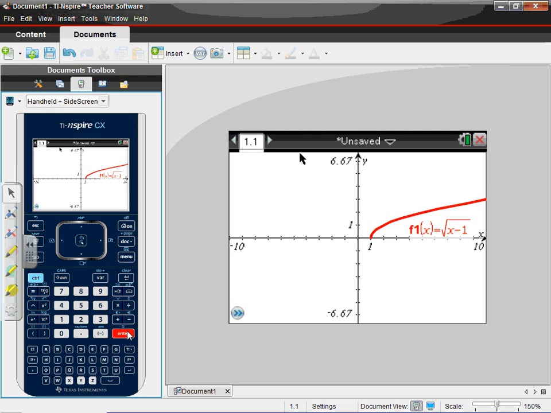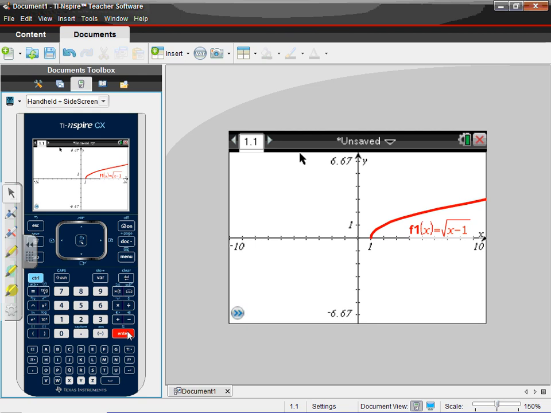Does my domain match that it has to be greater than 1? So that means I did my math right. Do we see that? Now what is my range? What's my range? 0 to infinity. Do we all understand that it started at 0 and then it shoots off in one little arm all the way, okay, to infinity?